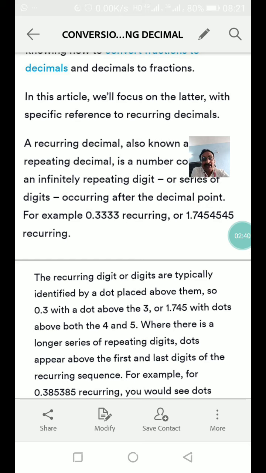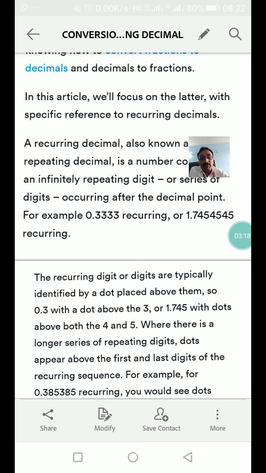You know, the recurring digit or digits are typically identified by a dot placed above them or a bar above them. So 0.3 with a dot above the 3, or a bar above the 3, or 1.745 with dots above both the 4 and 5, or a bar on 4 and 5, where there is a longer series of repeating digits.